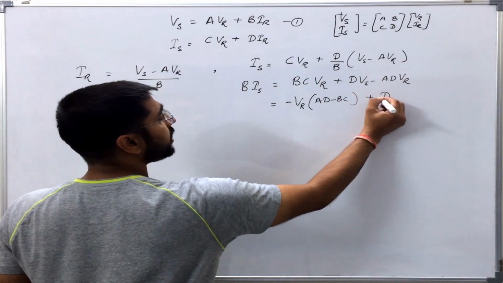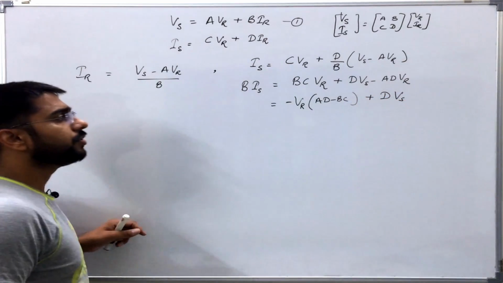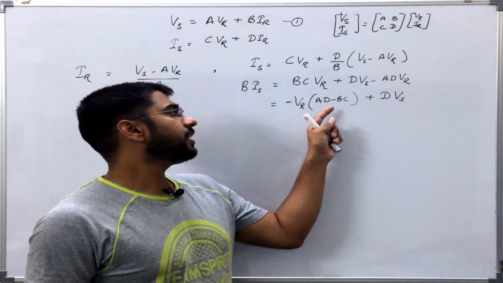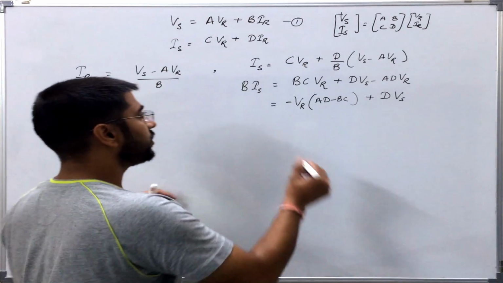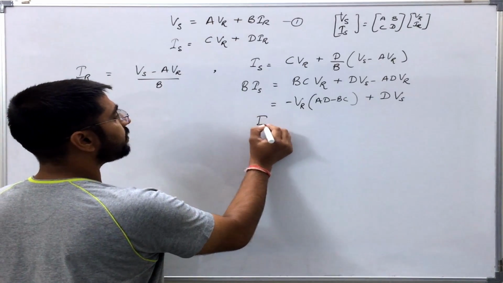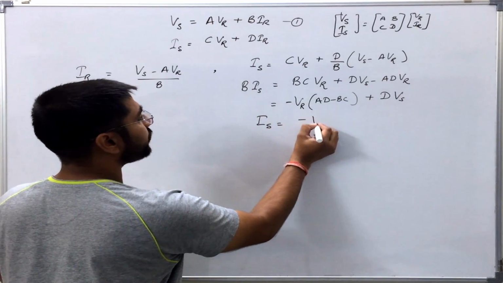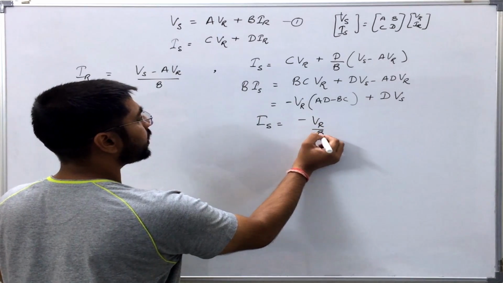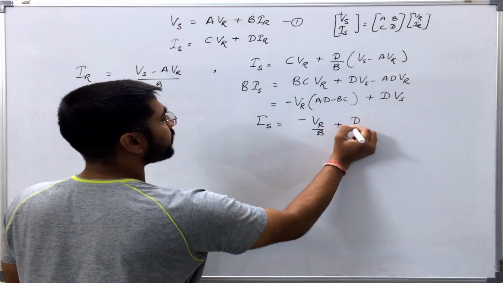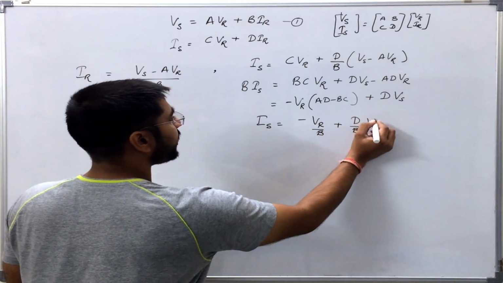Now we know for a transmission line A D minus B C is equal to 1. So simply Is can be written as minus VR by B plus D by B Vs.